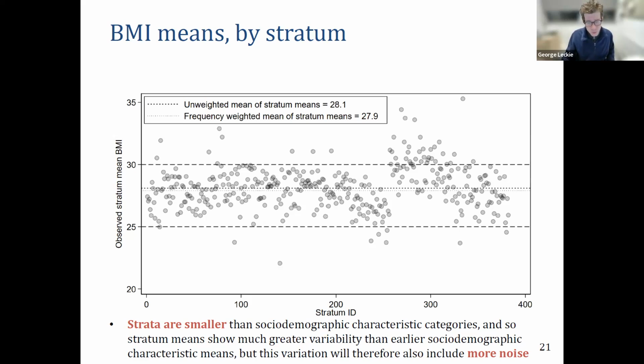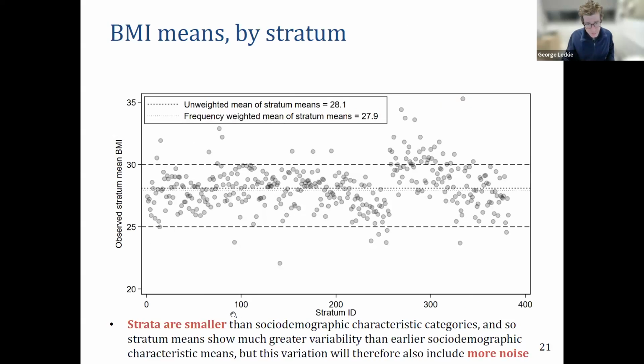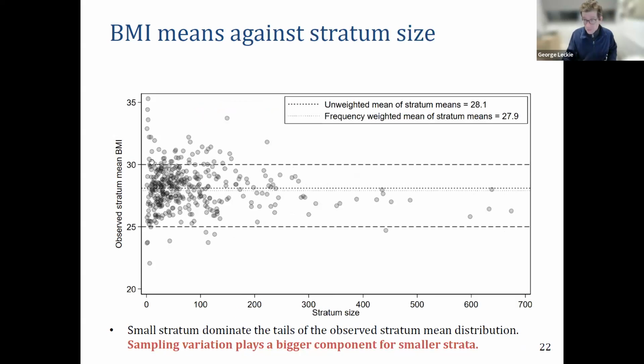And just to drive this point home, we're going to look at the next slide where I've kept the y-axis the same. So I'm plotting observed stratum mean BMI for my 382 strata, but I changed the x-axis to stratum size, the number of individuals or respondents per stratum.